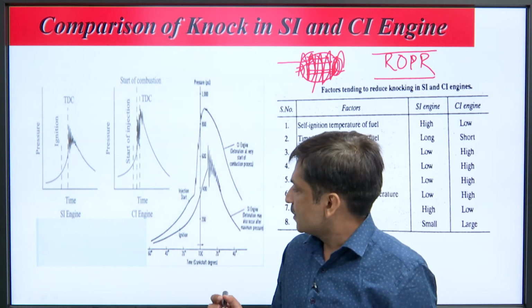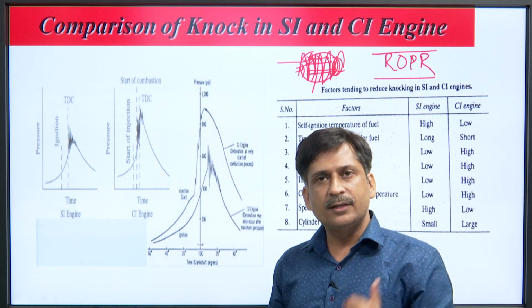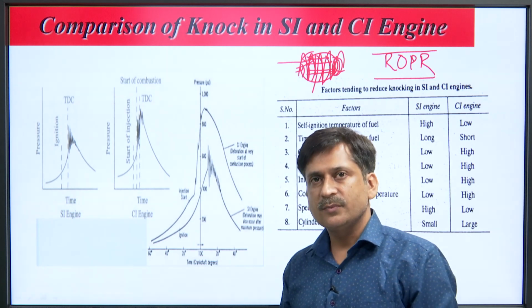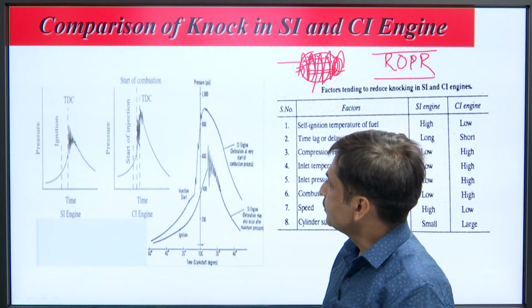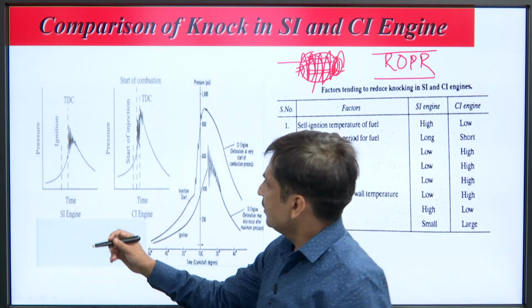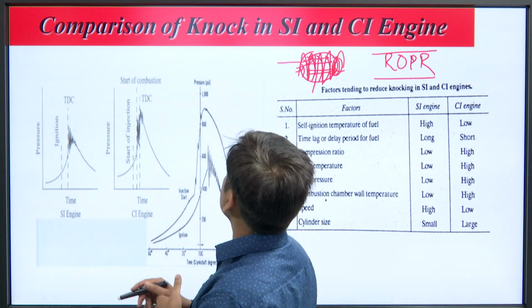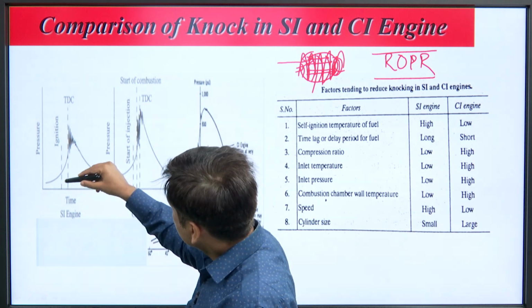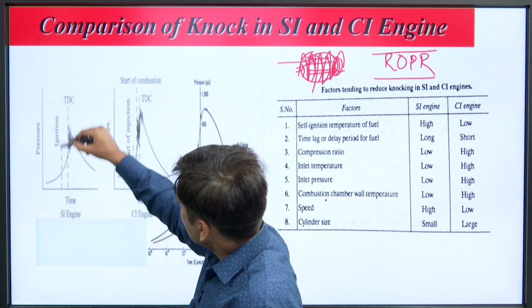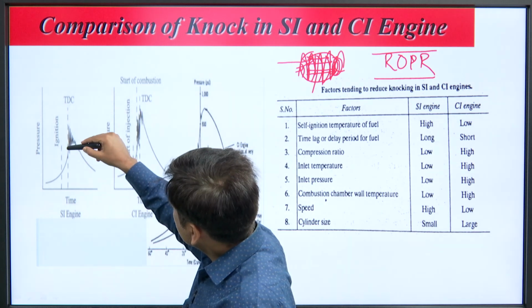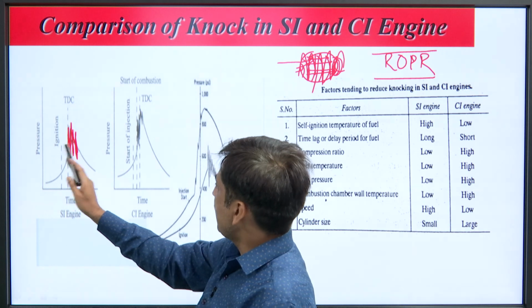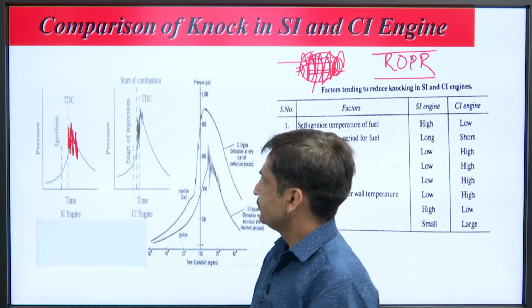We have discussed all these parameters earlier in the combustion part of unit second. You can easily compare the knocking in SI and CI engines here. In the SI engine, this shows the ignition and these are the pressure pulses just after the TDC.